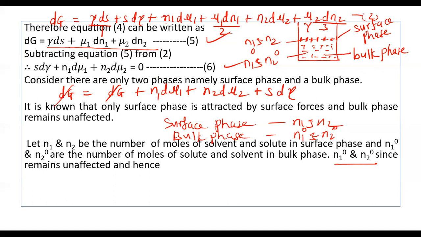Consider there are only two phases, namely the surface phase and the bulk phase. You can see this diagram: this is the bulk phase, and this is the surface phase.